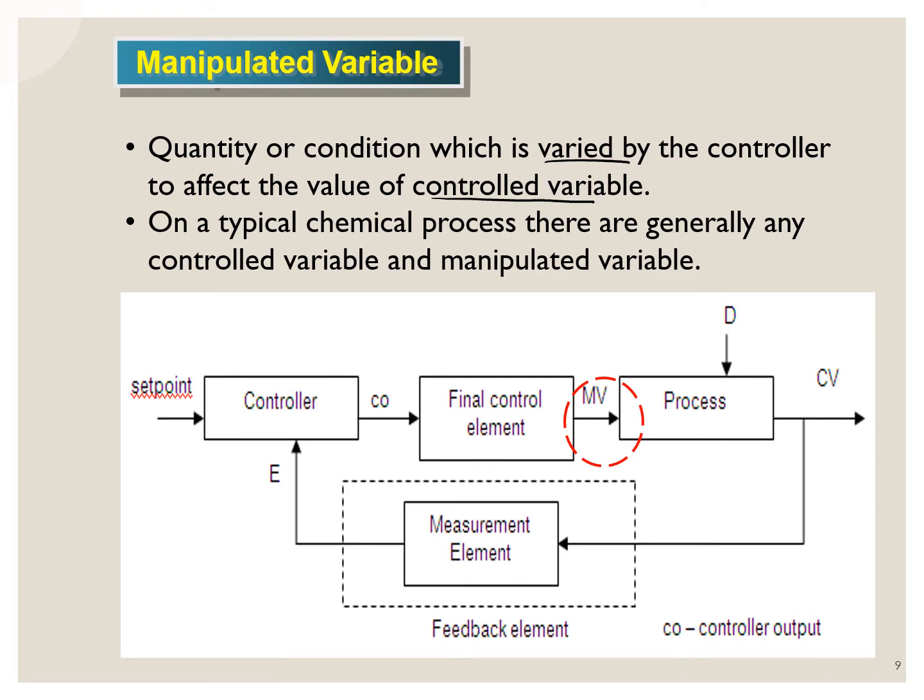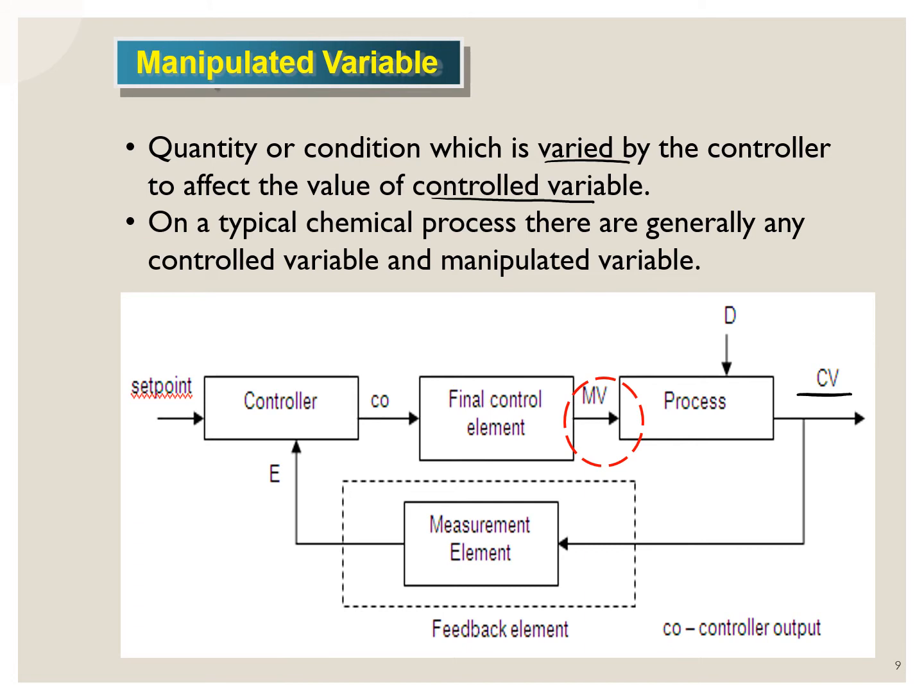Basically, it is the variable that we manipulate in order to affect the value of the control variable. On a typical chemical process, there are generally many control variables and manipulated variables.